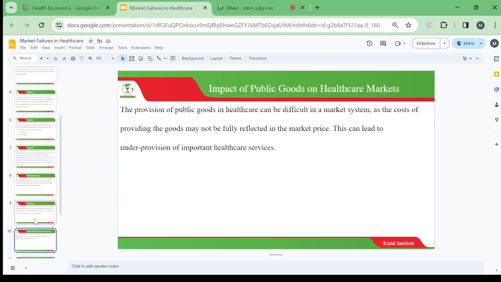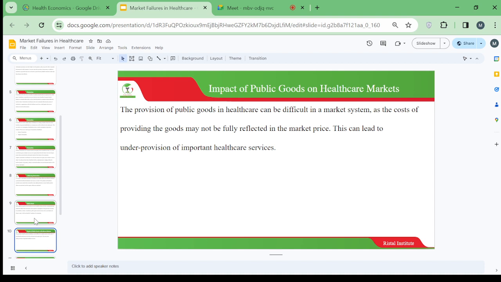So the prices will not be the actual reflection in the marketplace. That means that you will have some services that are not provided by the private sector, and that is where you need the government to come in and ensure that these services are provided.